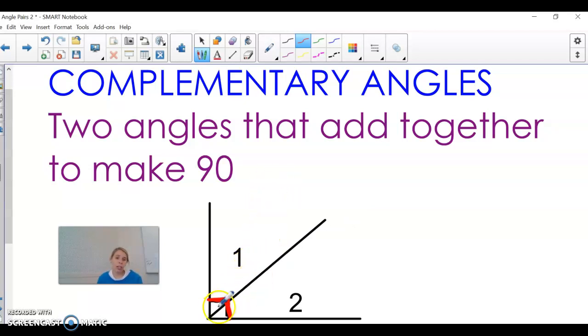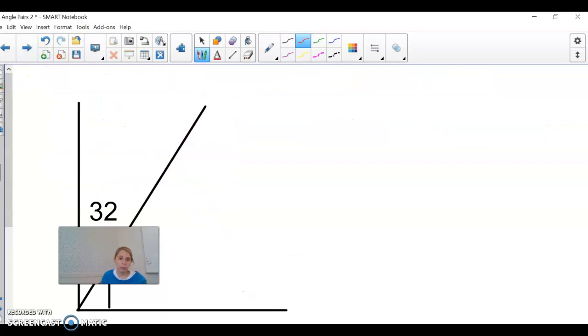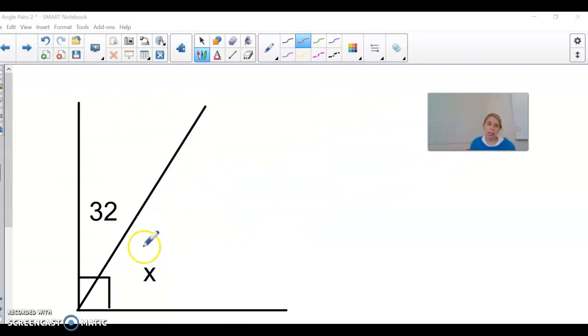You might also notice from the last topic that adjacent angles are angles that are next to each other, and complementary angles are also next to each other. They are just adding together to equal 90 degrees. Here's an example of one. This box is our indicator to tell us that we're adding together to be 90.